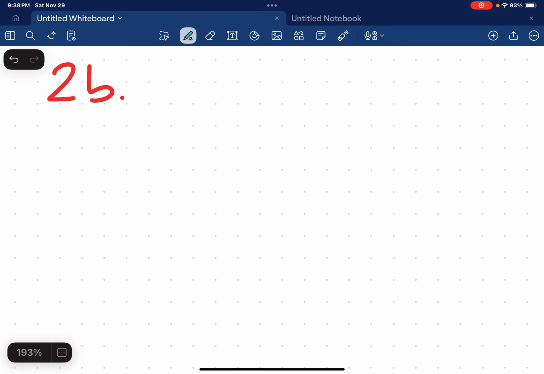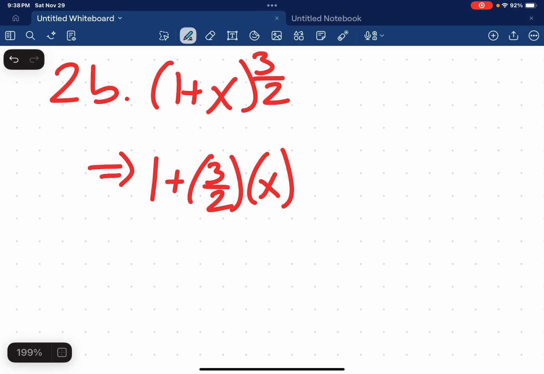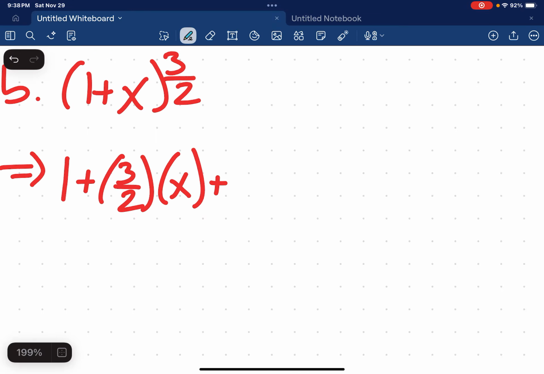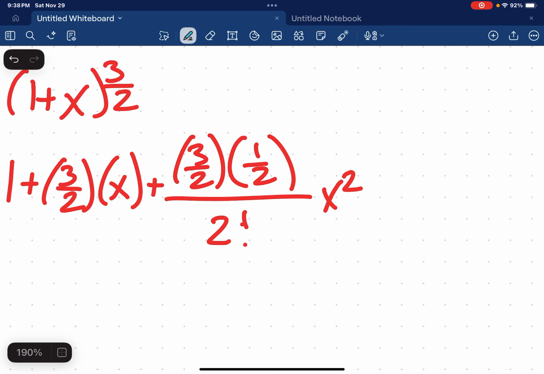2b, we have 1 plus x to the 3 over 2. Okay, we can rewrite this as 1 plus 3/2 x plus 3/2, and then 3/2 minus 1, which is equal to 1/2, over 2 factorial x squared.